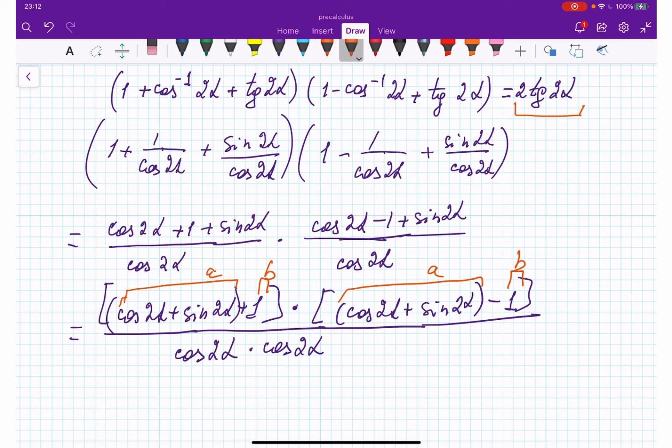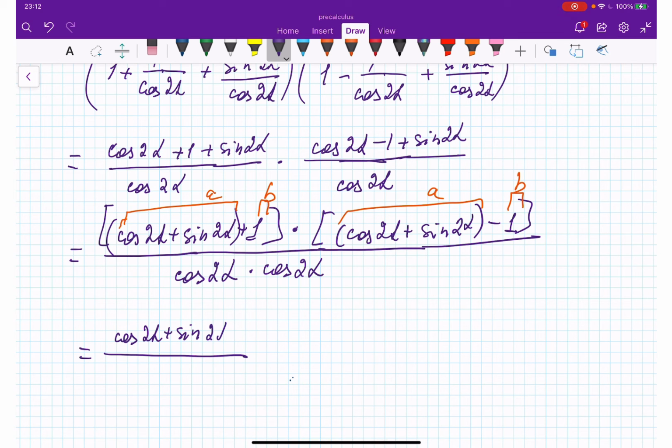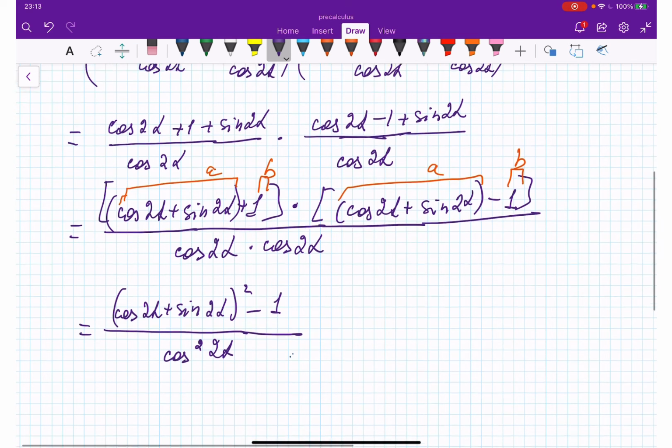Okay. So from here, we are getting A squared minus B squared, which will be cosine alpha plus sine alpha, squared, minus 1, right? In numerator, and in denominator we will have cosine squared alpha.